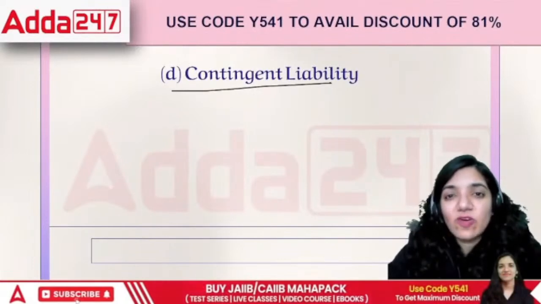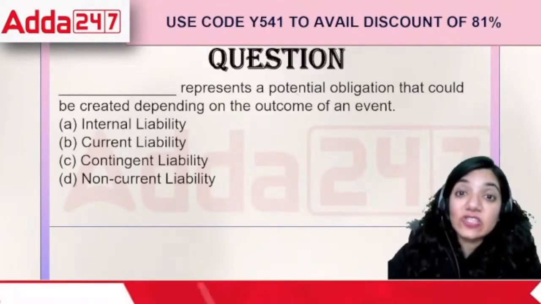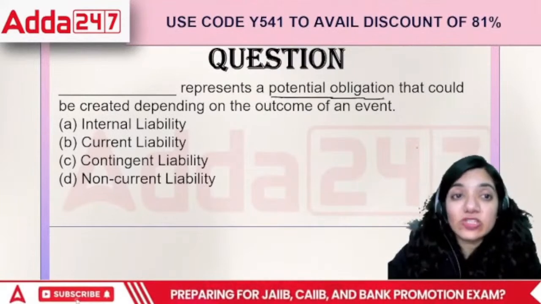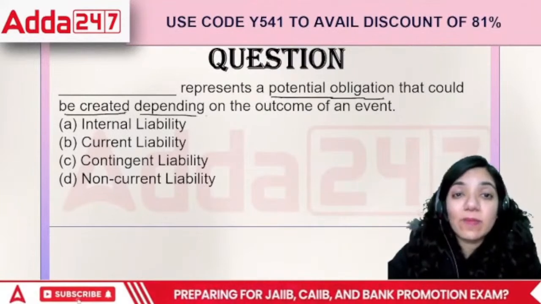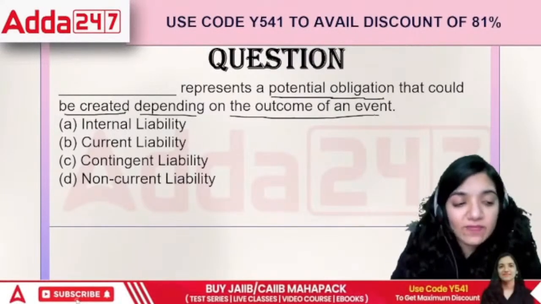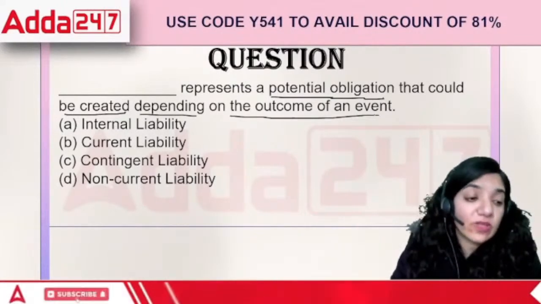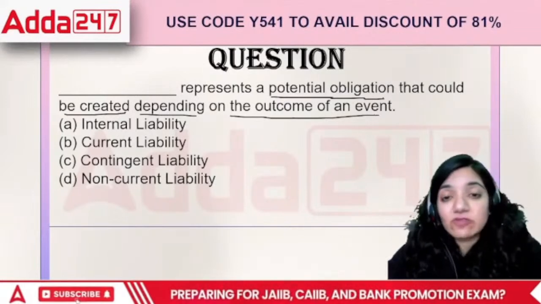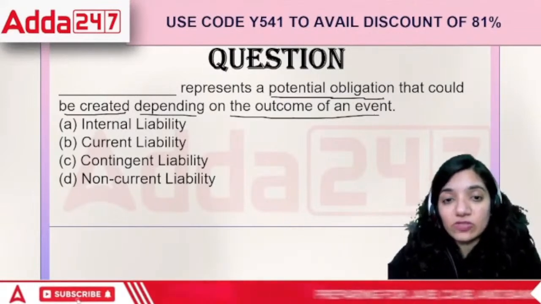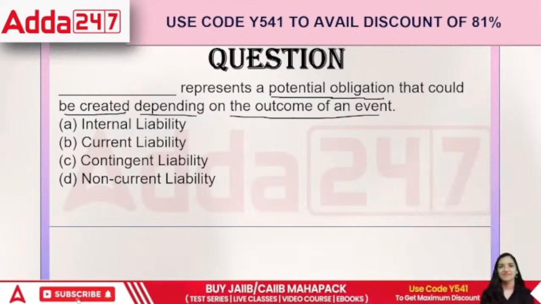Right? So let's move on and talk about the next one. Dash represents the potential obligation that could be created depending on the outcome of the event. That means there's a potential obligation. I'm not paying right now, but I might have to pay in the upcoming future. So what will we call it?